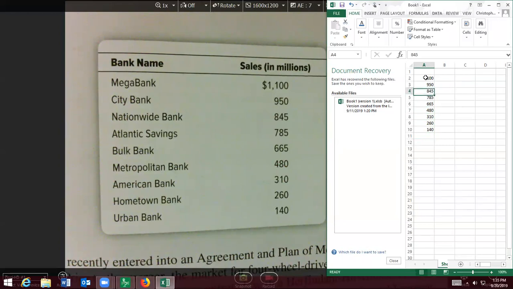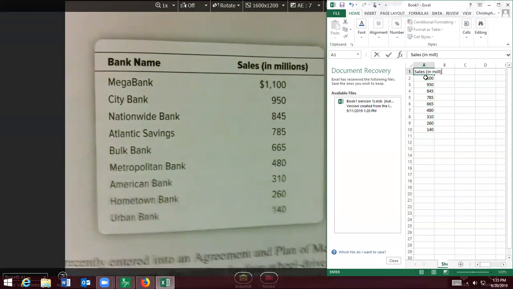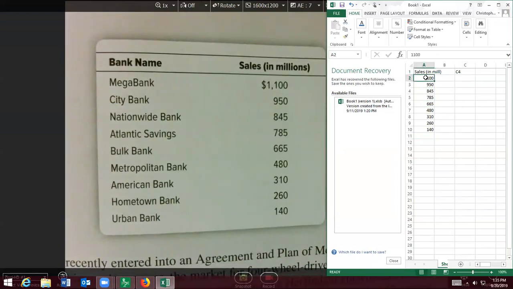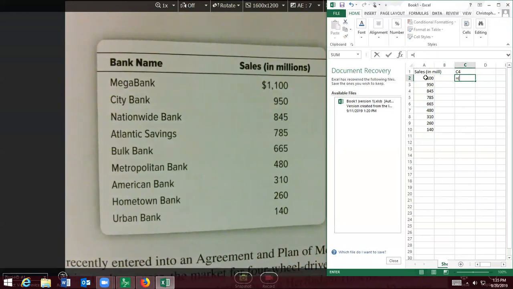Right, so we just need the first 4 for the first one, right? So this is sales in millions. All right, so this is going to be, put it in C, right? C4 is going to be equal to this one plus this one plus this one plus this one, right?